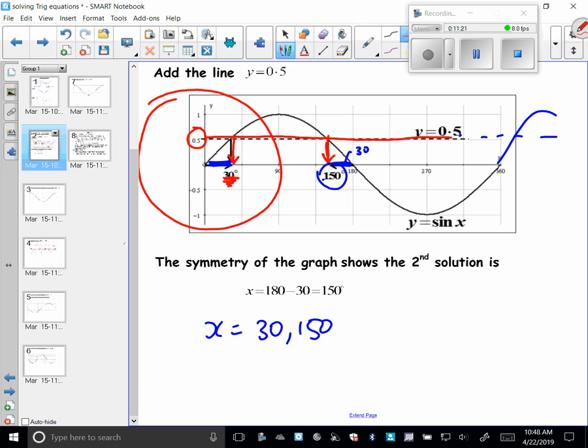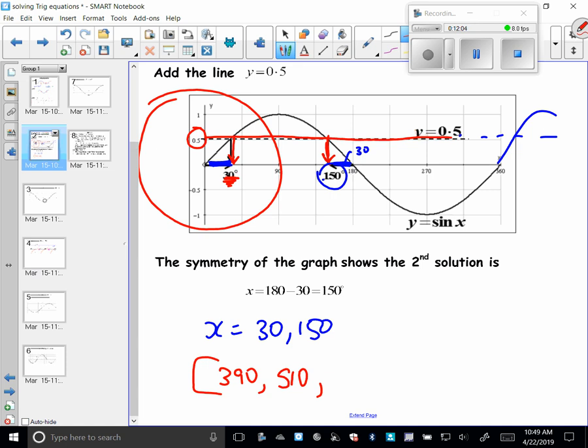So if we had wanted any more, we could say there would be 390 and 510, or we could add 360 again and keep going. Because the graph repeats every 360, we would just keep adding 360 for any additional solutions. Equally, if my range had been in a negative area, I could have subtracted 360 from both of these. Our value of x can be negative, so don't think it always has to be positive.